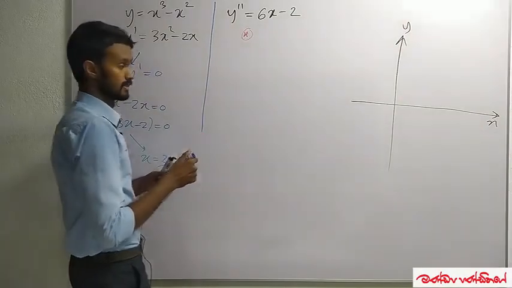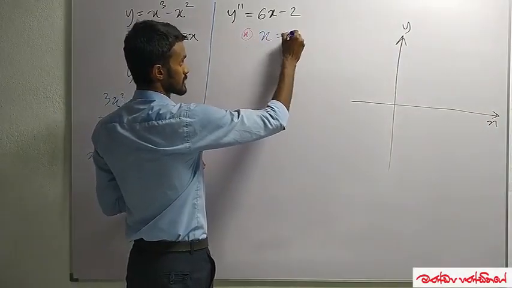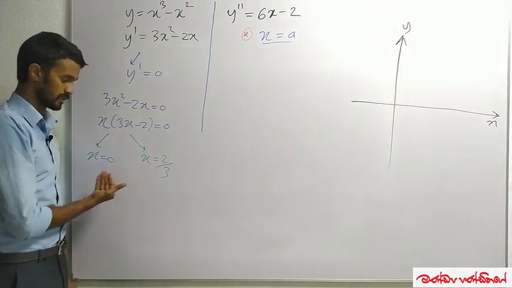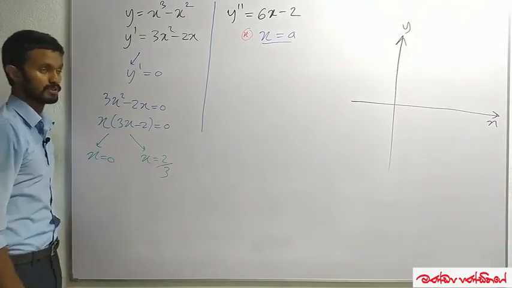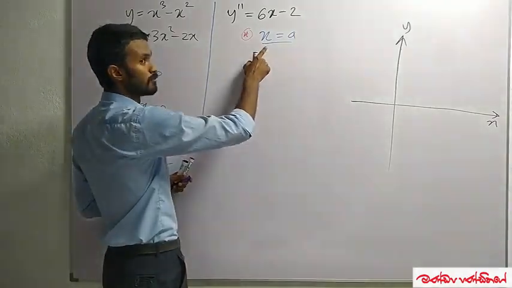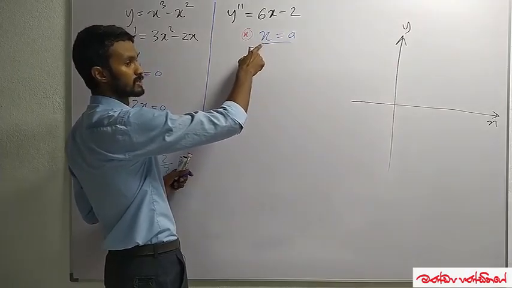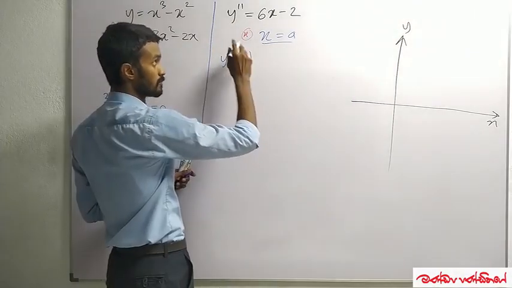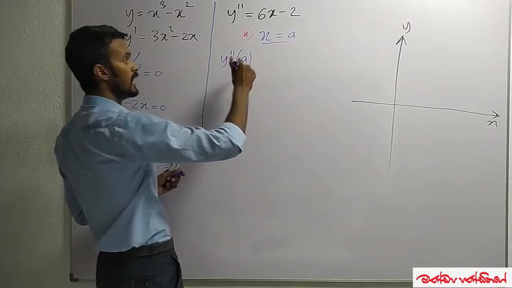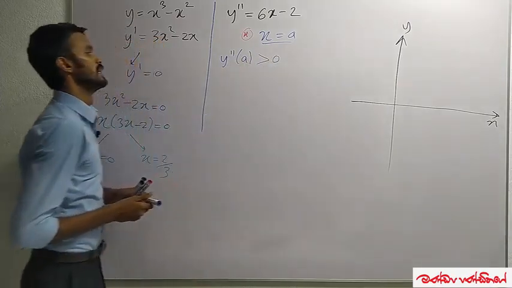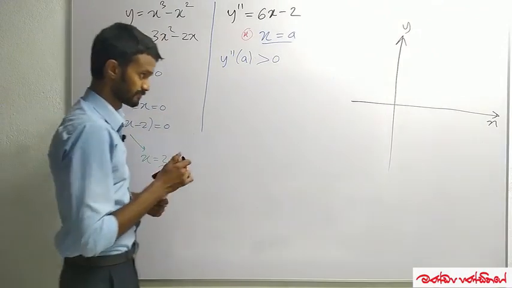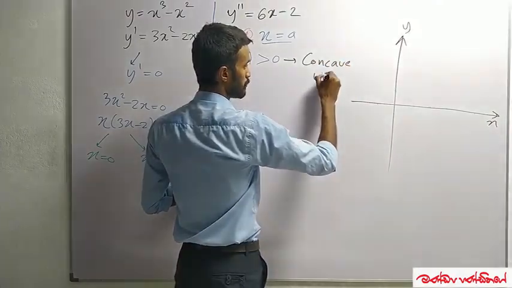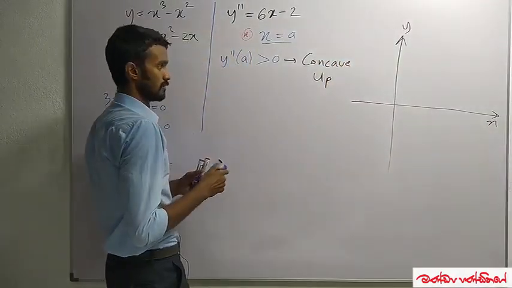The theory says if x equals a is a turning point, which means a is equal to 0 or 2 over 3, then when we substitute the turning point's value into the second differentiation and get a positive answer, that means it is concave up.